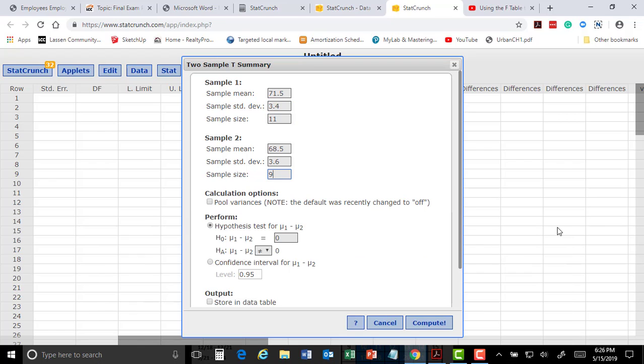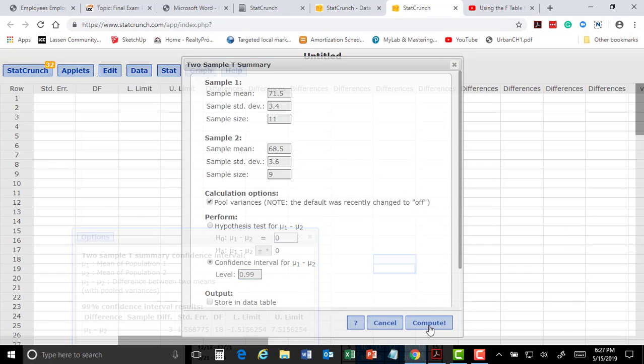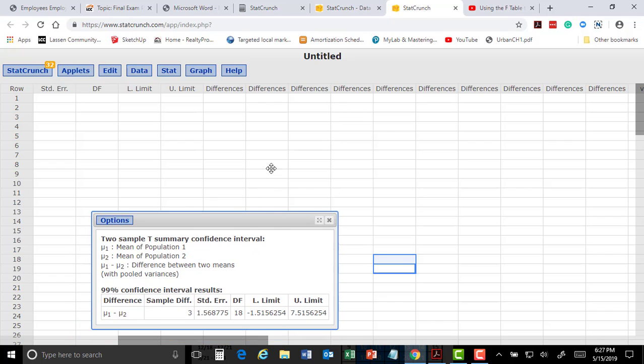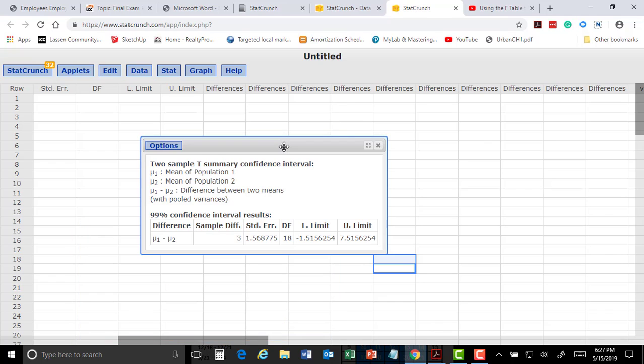So you remember this idea of pooled variances? There's a big old equation to do it, or you can select this. Does it have a confidence interval? Okay, so we have a confidence interval of minus 1.5 to, okay, do you see A? All right.